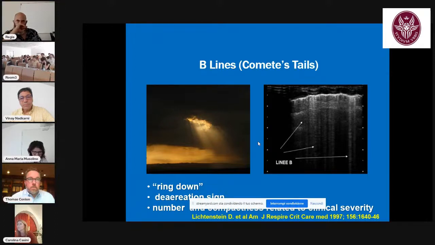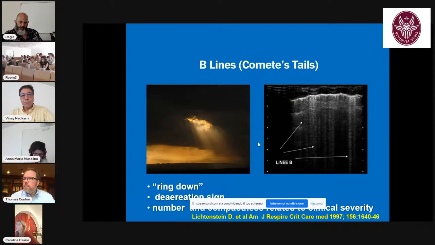This is what we know now, because at the start, the first operators in lung ultrasound stated that B lines mean interstitial involvement, but this is not true anymore, because B lines do not necessarily mean that there is an interstitial involvement.